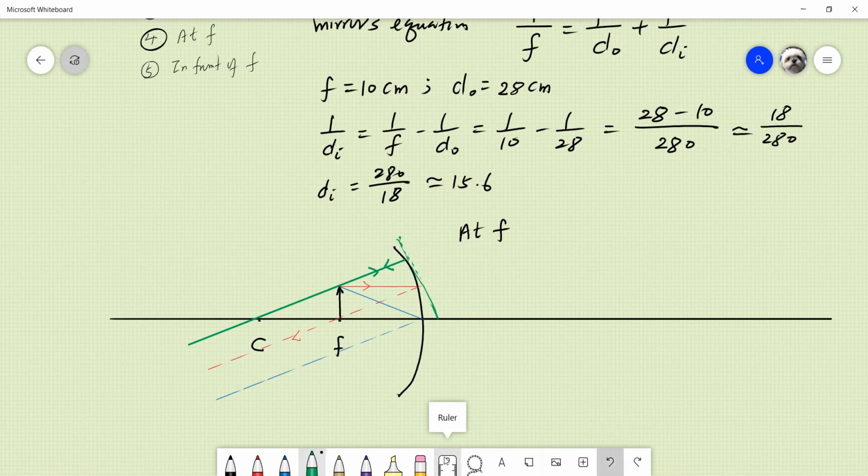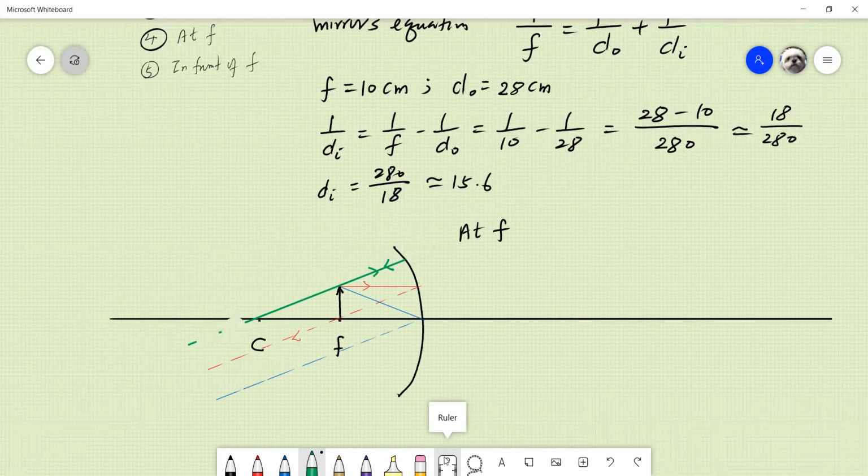Now, if you look at these lines, what conclusion can you make? Are the reflected light rays forming an intersection?